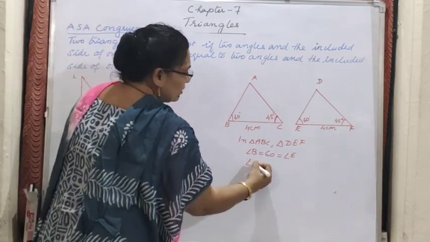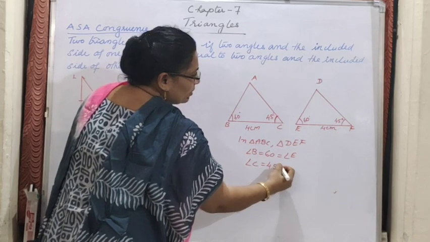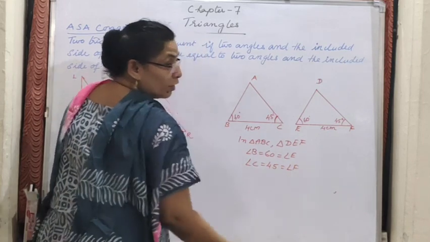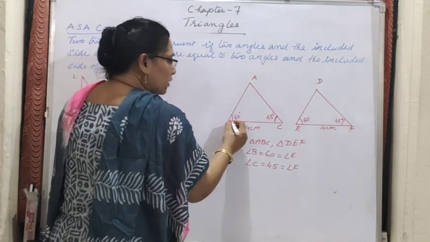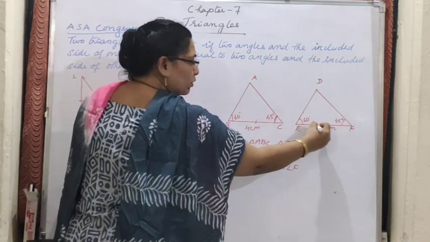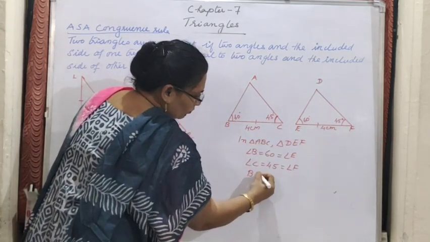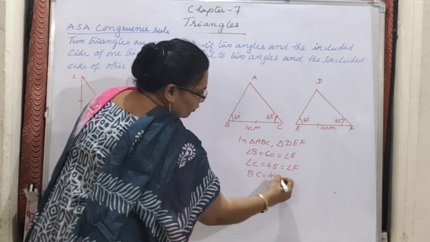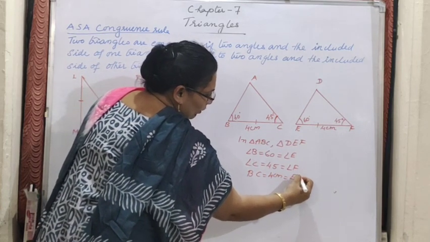Again angle C is equal to 45. Similarly angle F is equal to 45 degree. Now which is the equal side is given? BC equal to EF. Which is the measurement? 4 centimeter equal to EF.